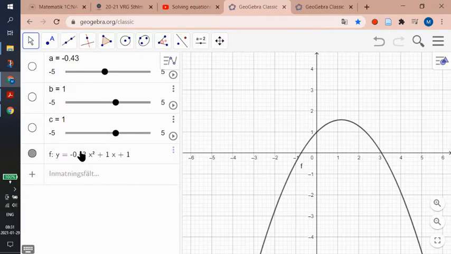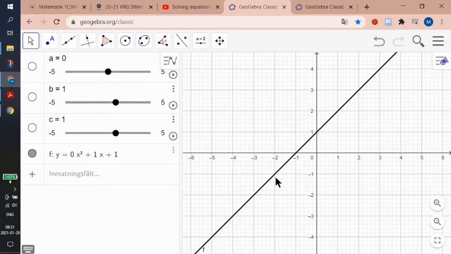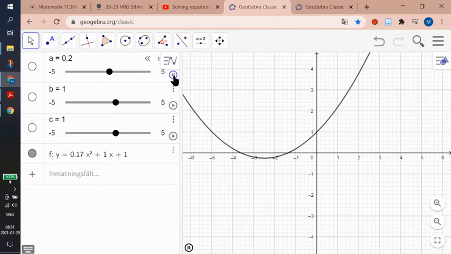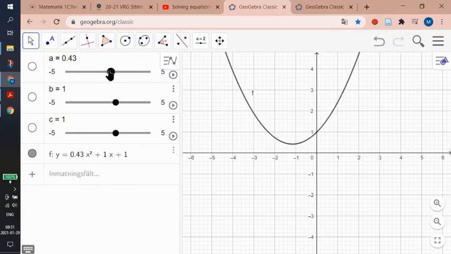When we hit 0, it's not a quadratic function. It's actually a linear function, just y equals x plus 1. And when the value of a is positive, the quadratic function has this U shape.